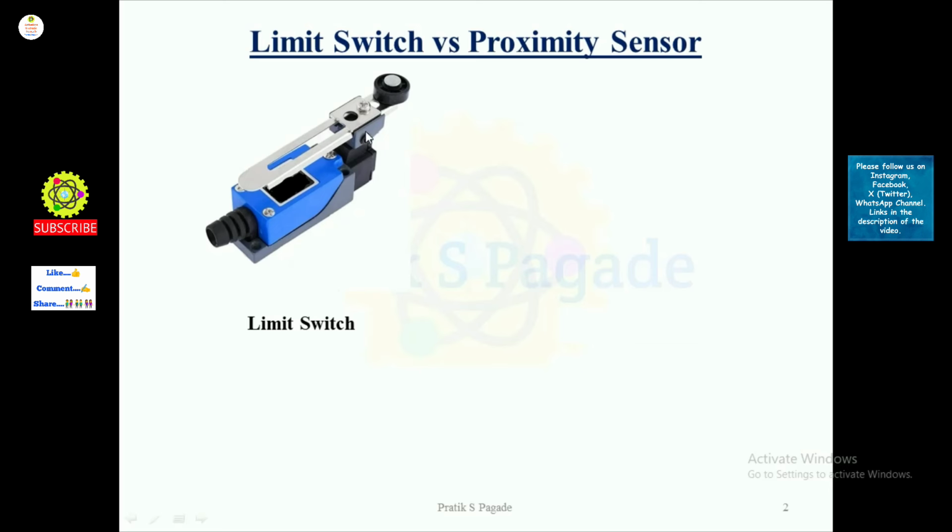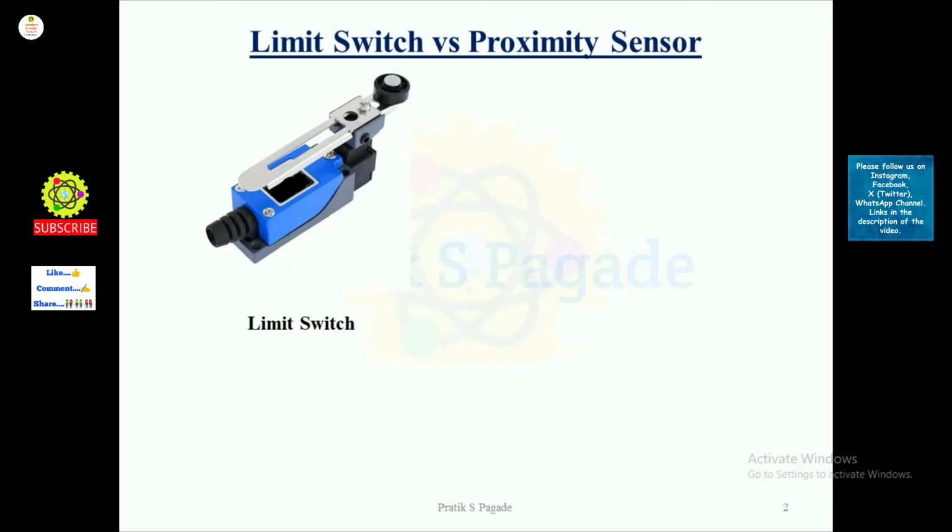And this lever makes contact with the object, and that's why there will be more wear of this plunger or lever. And the cost of this limit switch is less than a proximity sensor. For more details, we will see further.